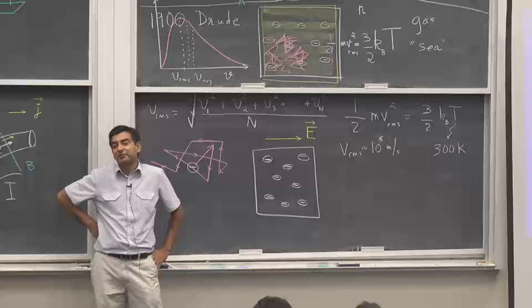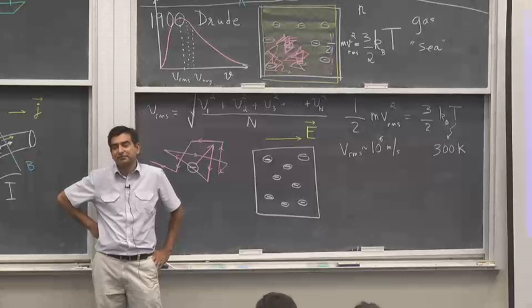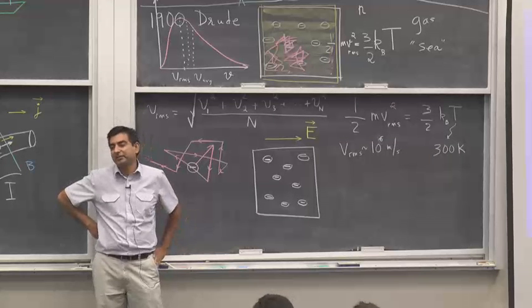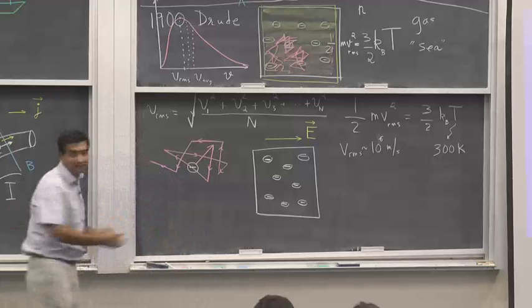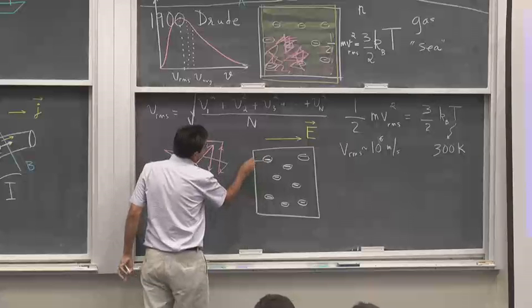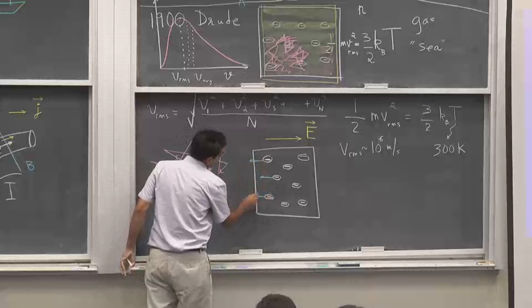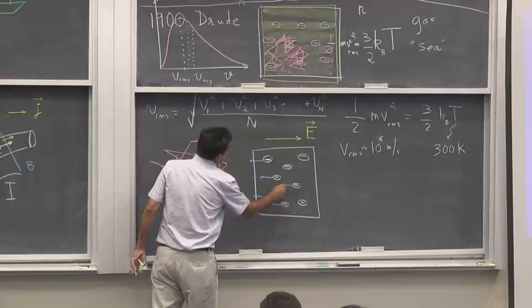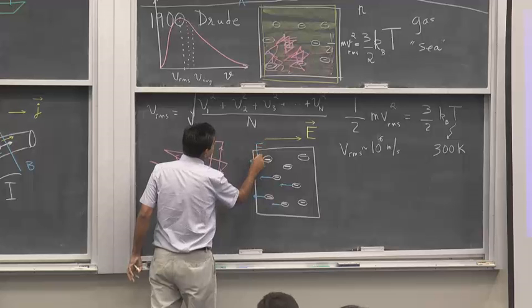What's the direction of the force that each electron experiences? Towards the left or towards the right? Towards the left. So each electron now experiences a force towards the left. So this is the force on each electron, Fe.